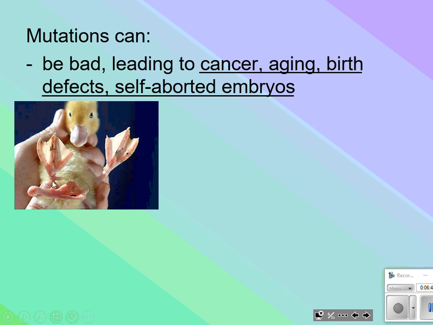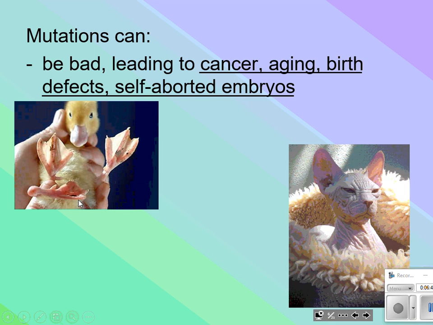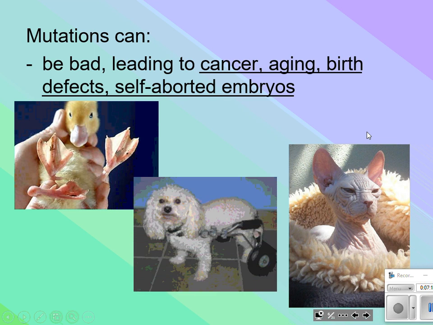Right there's a mutation. And that looks to me like a cat with no fur. I'm not real specific, or don't know the specific name of it. I'm not real big on cats. Doesn't look very good to me though.